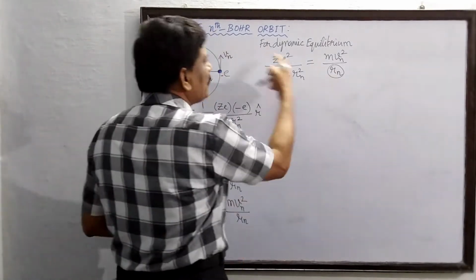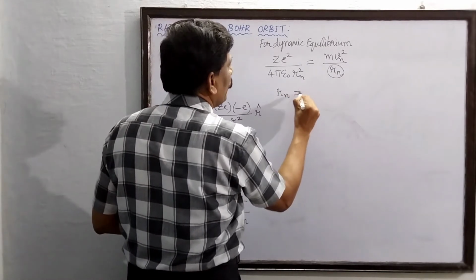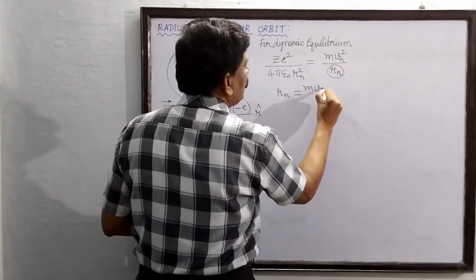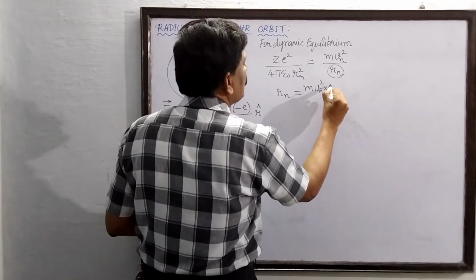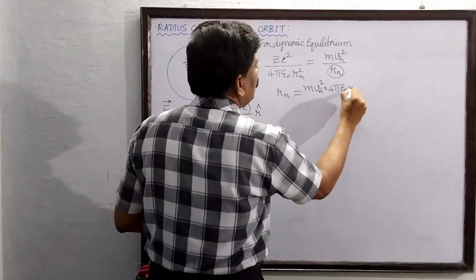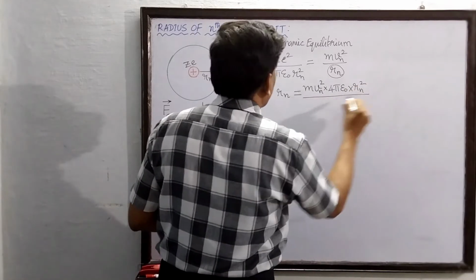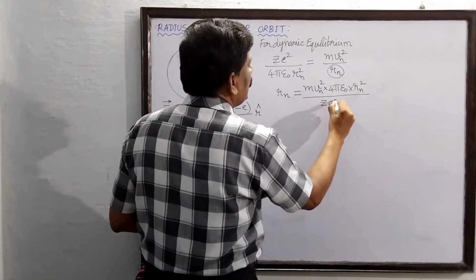So I am taking this Rn to the left hand side. So Rn is equal to, this term will remain there, mvn square into 4 pi epsilon naught into Rn square divided by Ze square.